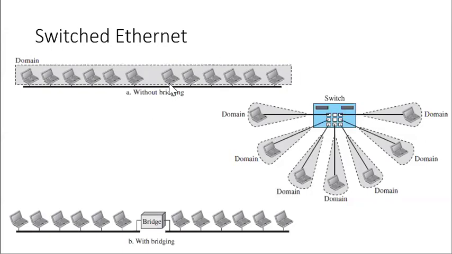This is called traditional Ethernet. In the earlier days, when networking was just introduced in the world, the Ethernet topology was usually bus topology, and this is the scenario where all the devices are connected to this cable.